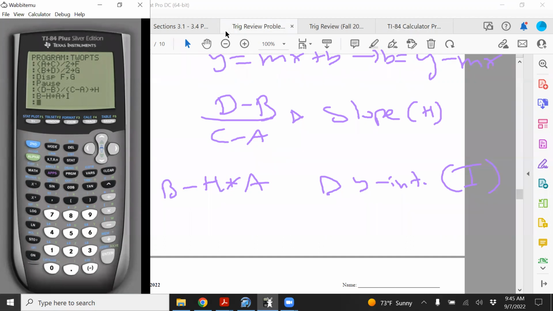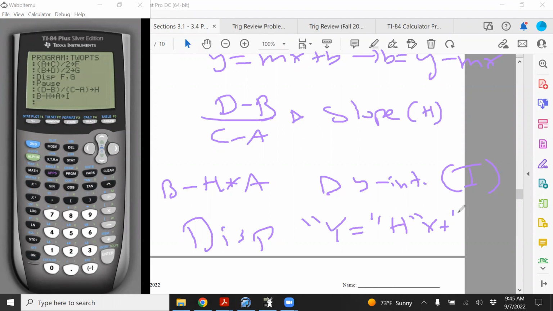I want to display this. Y equals H. Oh, we have it here.